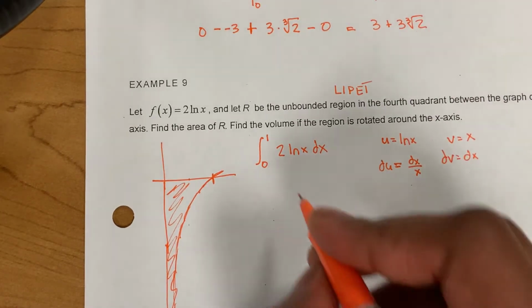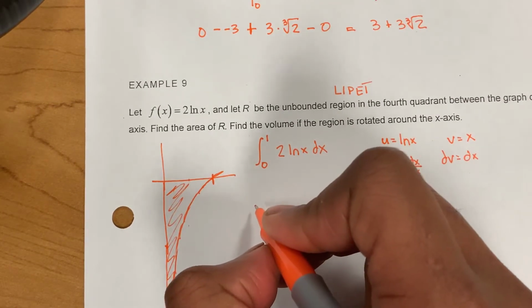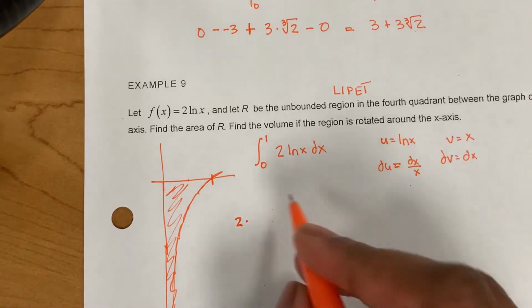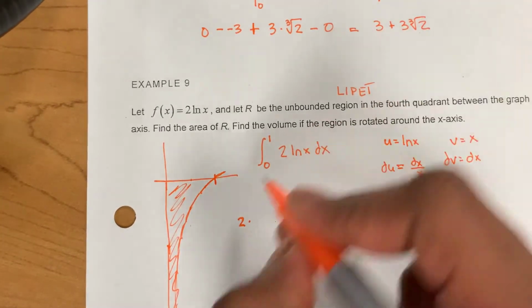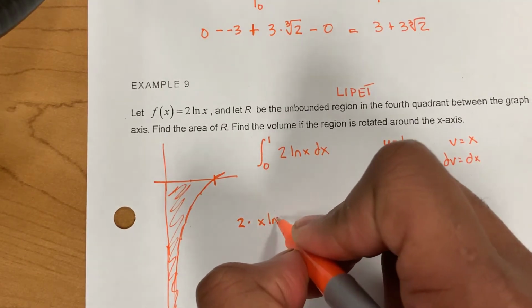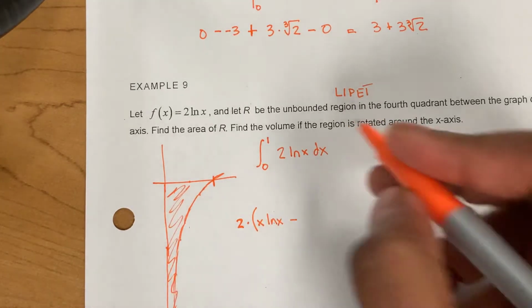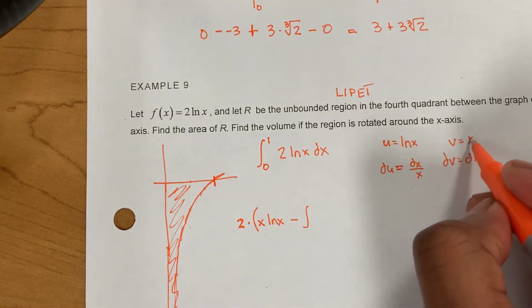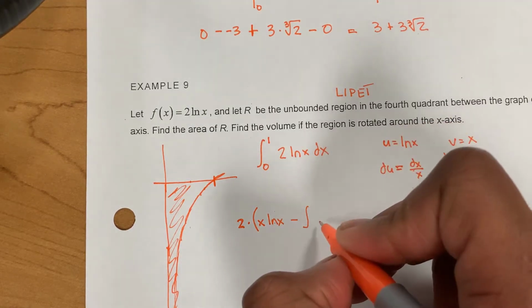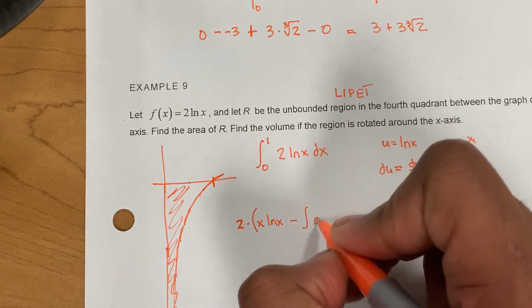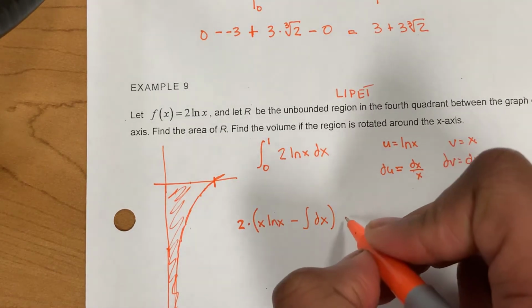So when we integrate this, the 2 is going to hop out to the front. So we're going to have 2 times x ln x minus, we'll put this in parentheses, minus the integral of v du. So that's just going to be x times dx over x, which is just going to be minus dx.